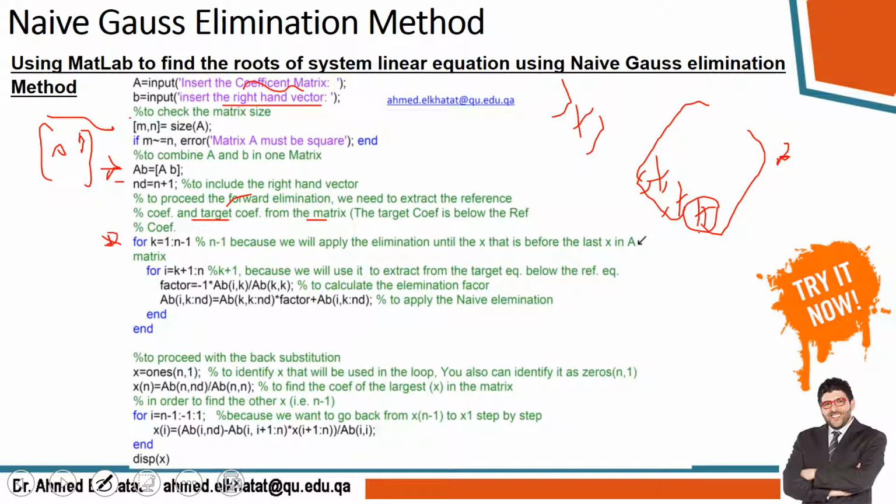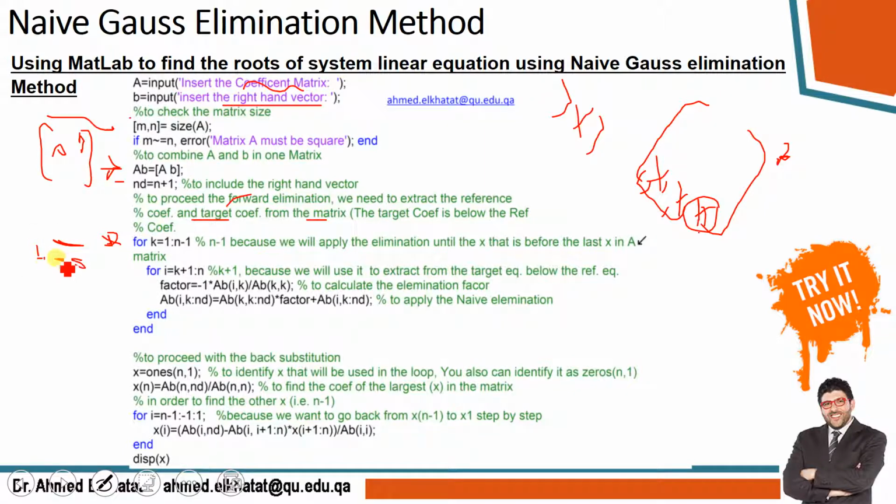Since I want to extract the target, I want to play with the manipulated cell, and the manipulated equation always comes below the reference or pivot equation, so I always put plus 1.